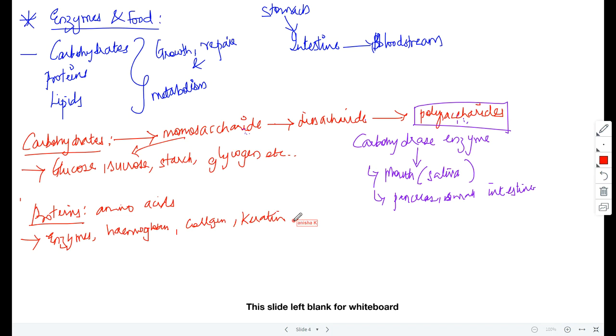Now, these proteins have hundreds, thousands of amino acids which are joined together, right? And now we need to break down this protein. So what enzyme are we going to use?